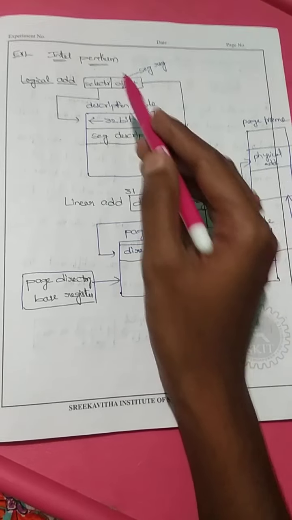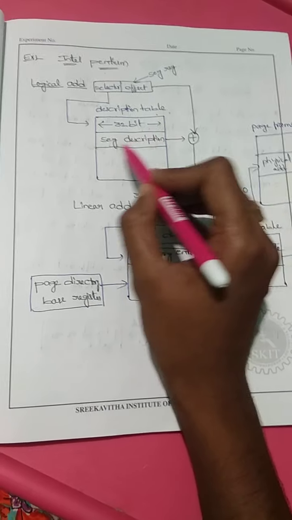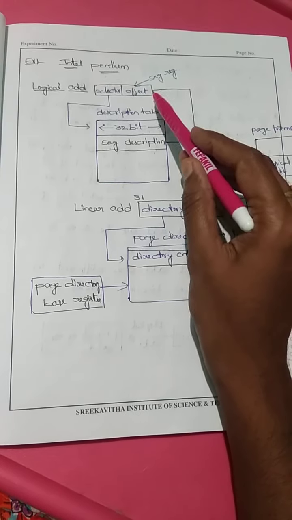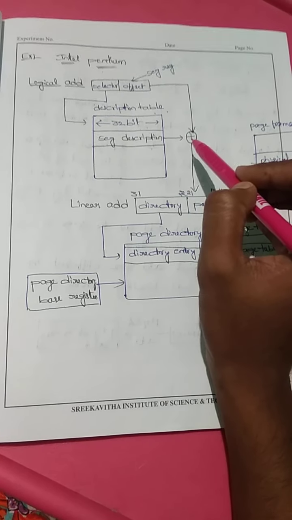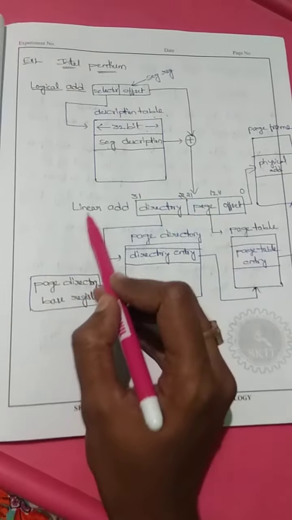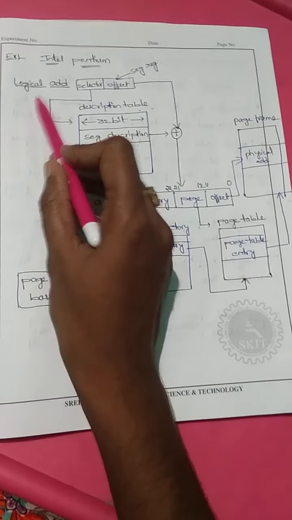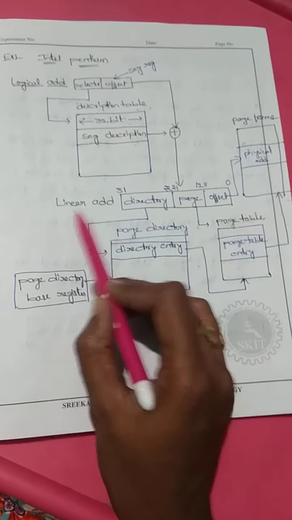Here we are talking about the Intel Pentium, so that's why it is 32-bit and we have the segmentation descriptor. This will be added to the offset value and converted to a linear address.